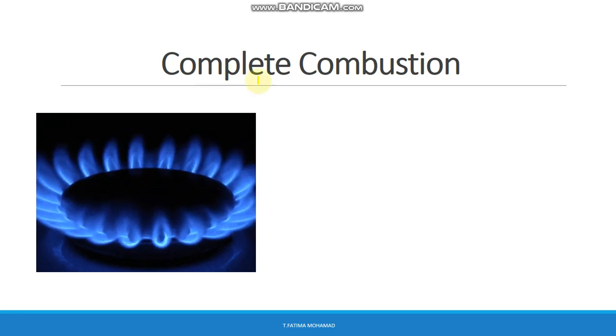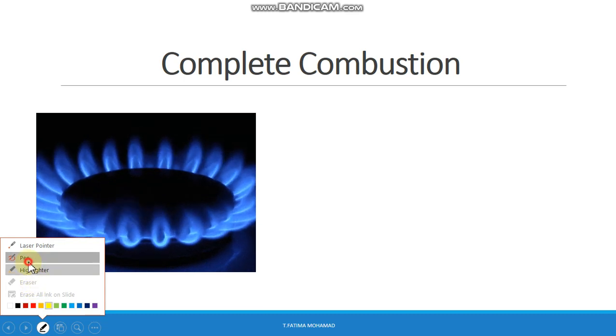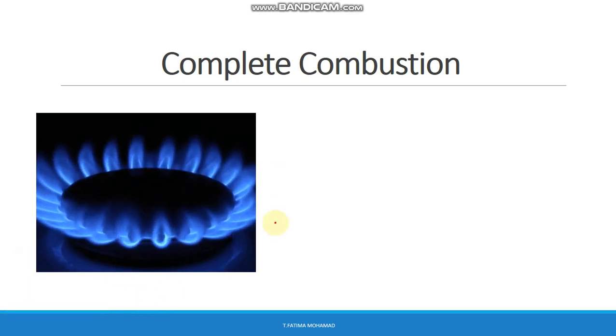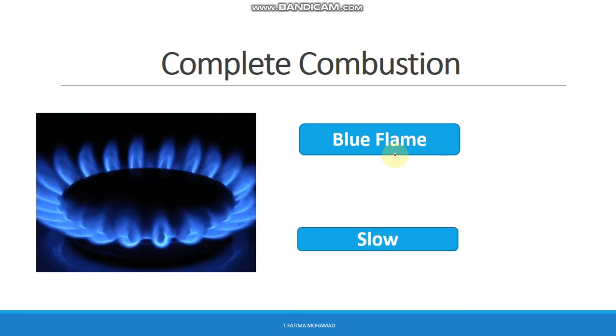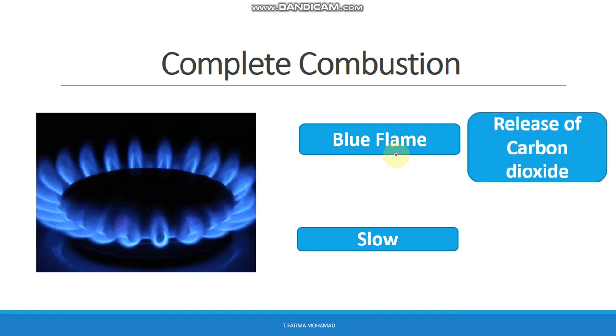Complete combustion, as you can see here, this is the gas stove. Look at the flame. We said during combustion we have a luminous effect, remember? A light effect. So what's the color of the flame during complete combustion? It is blue. The burning is slow. We have release of carbon dioxide. Remember, what's the formula of carbon dioxide?